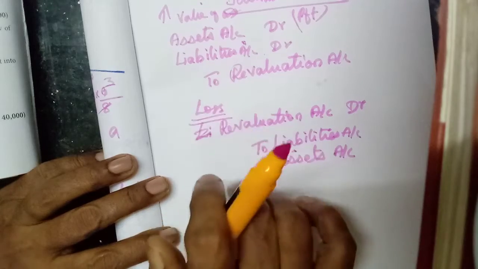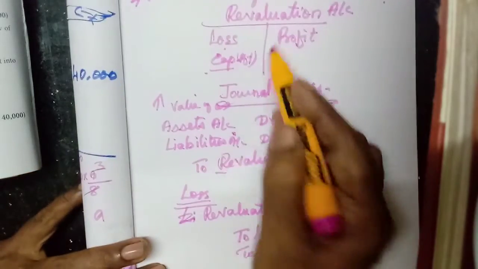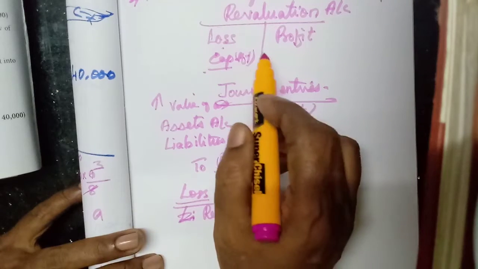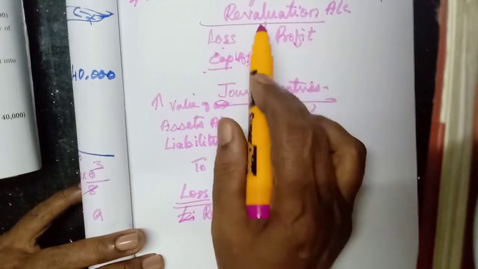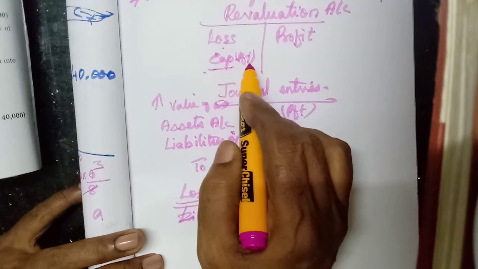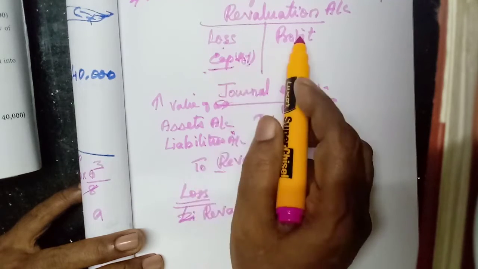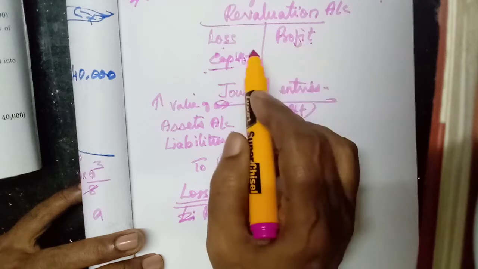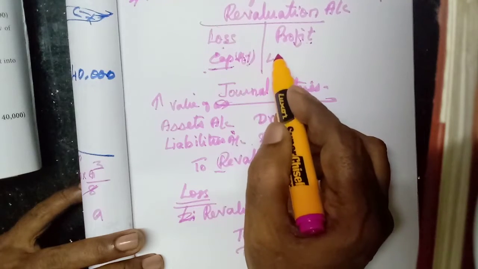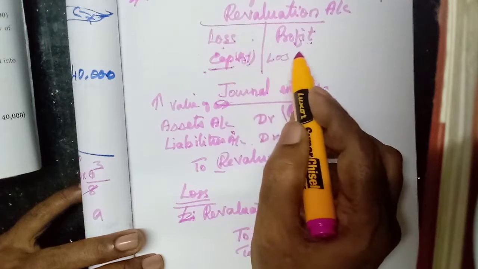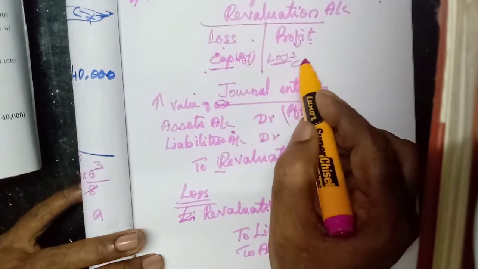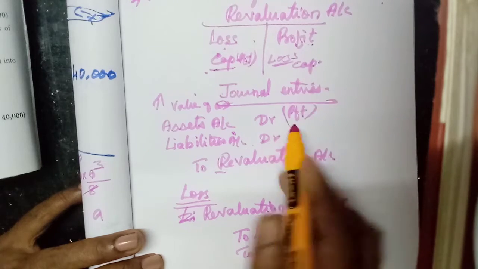So these are the loss items and the profit items. If we enter these journal entries and prepare the revaluation account with their help, we will post in the revaluation account and find out the difference. That will be the profit if the credit side is more, and if loss is more, we will get the balance on the debit side.